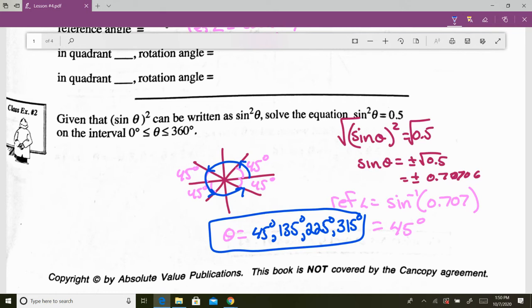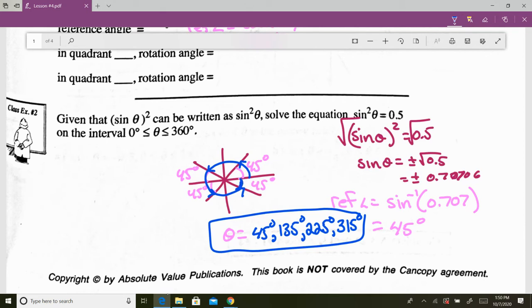Let's try it. If you do the negative, what do you get? Negative 45? Okay, so in this case, it actually gives you a version of the reference angle, which makes sense because it's this angle here.